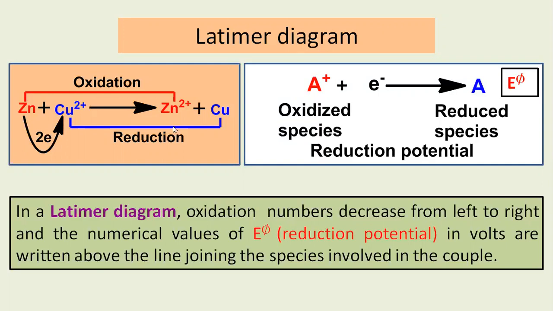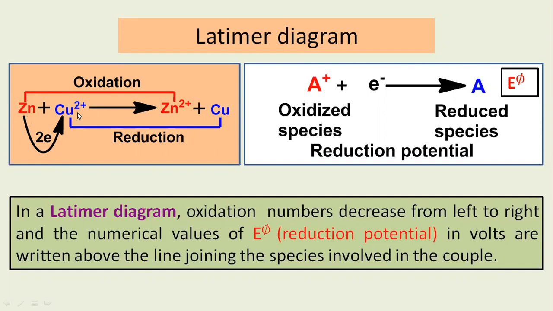For that I have chosen one of the most important, very old and famous reactions, the Daniel reaction, involving zinc and copper. This is an example of a redox reaction. Zinc is releasing two electrons, and copper is taking those electrons.